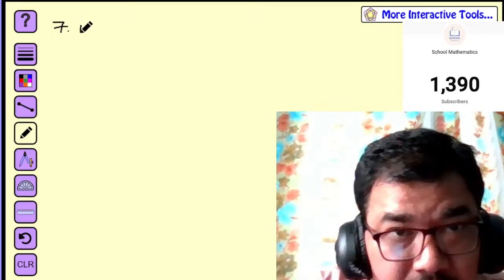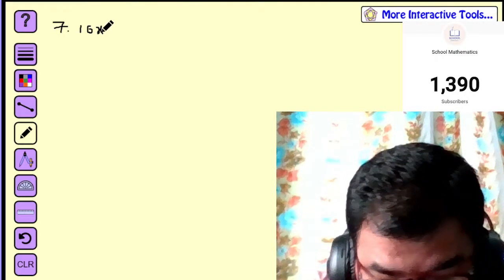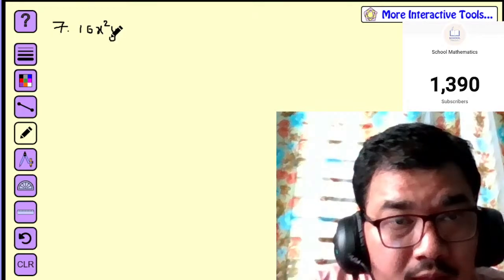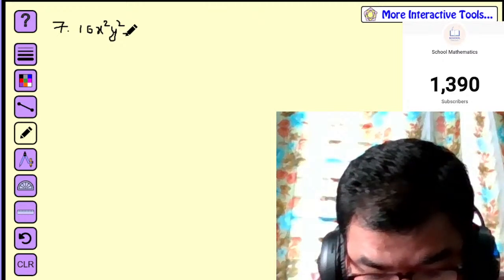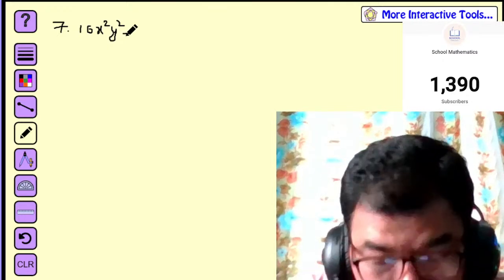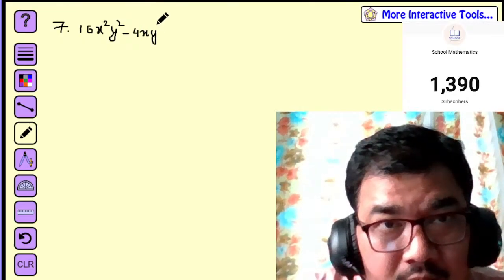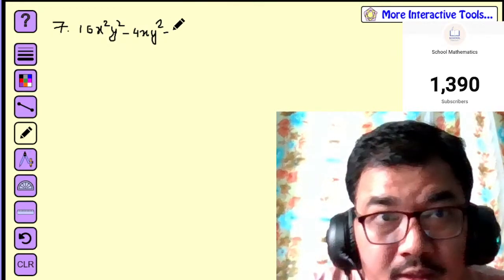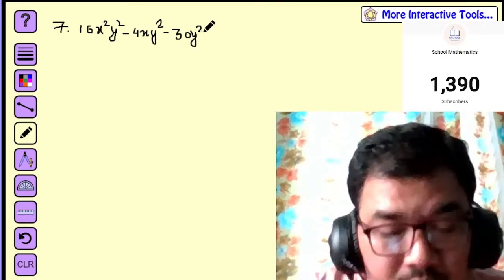I am trying to solve it. This is given to factorize 16x square y square, minus 4xy square, and the last term is 30y square. It has come in the comment box.